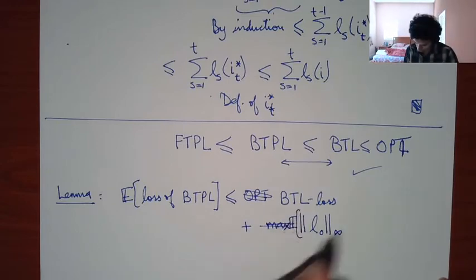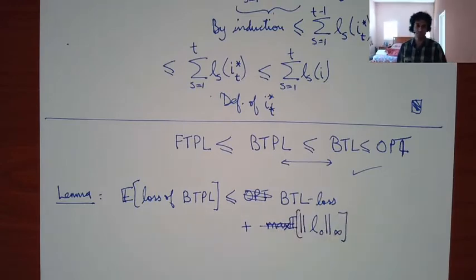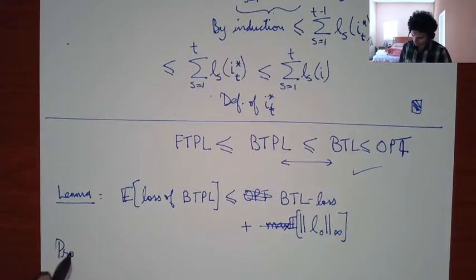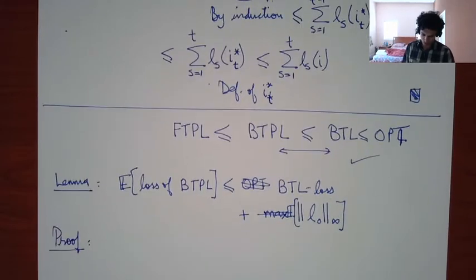So remember, L0 was this initial loss, and this is saying that the be the perturbed leader loss is at most be the leader loss plus the maximum loss that you added in the beginning. And this seems quite reasonable, right? And so this should be fairly easy to argue.